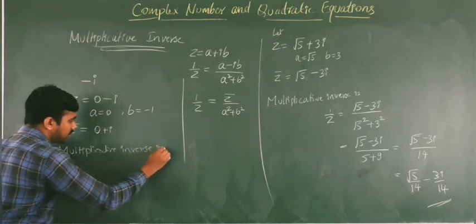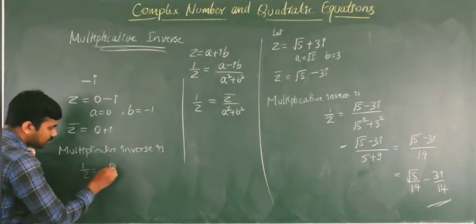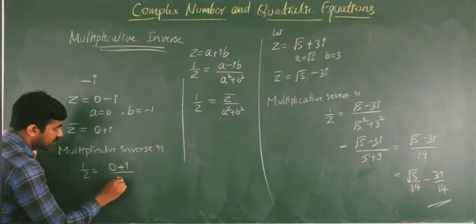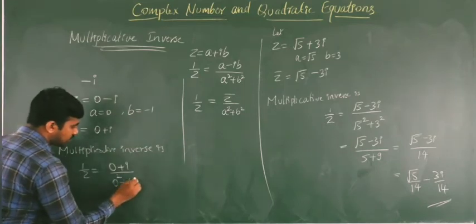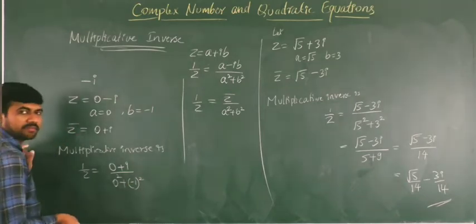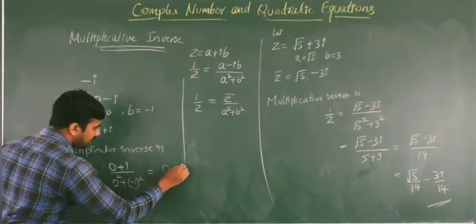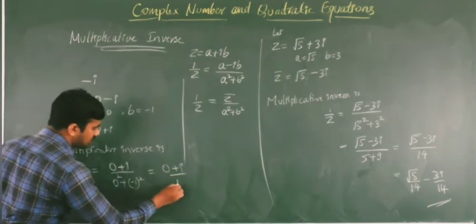That is 1 by z is equal to the conjugate, that is 0 plus i, divided by a square plus b square: 0 square plus b, here minus 1 square. So now 0 plus i divided by 0 square plus minus 1 square, which is 1.